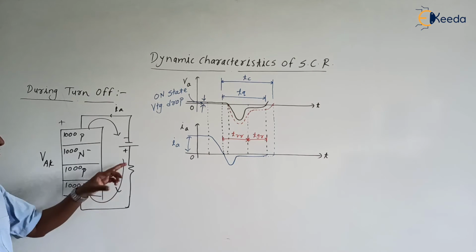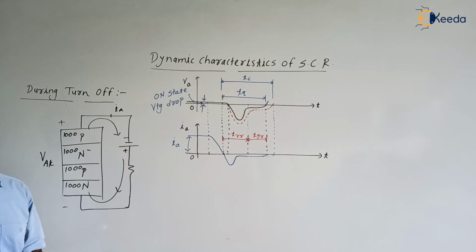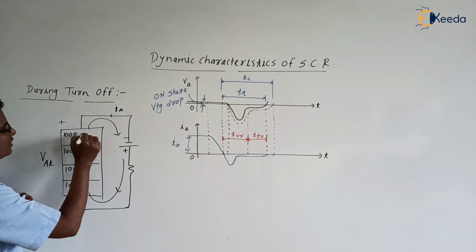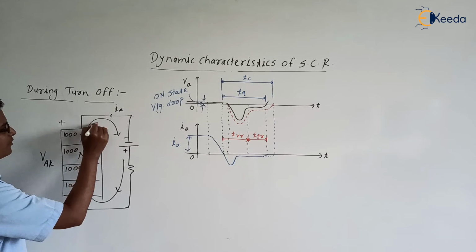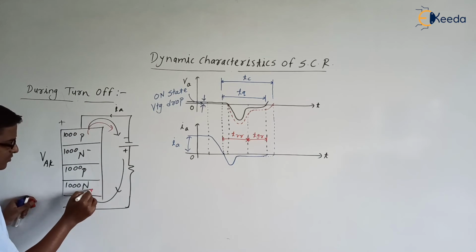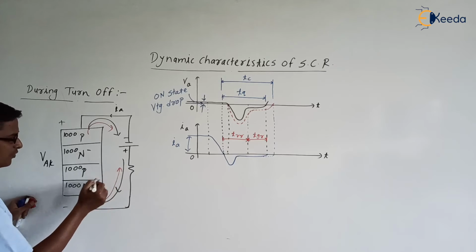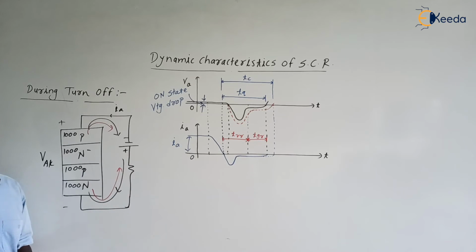So as soon as the reverse voltage is maintained, all of a sudden all the positive charges from the p type will try to move here, and all the negative charges from the n type will try to move in this direction. That's why the current goes on increasing. Now suppose out of the 1000, around 600 charge carriers have been removed.